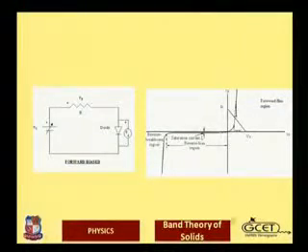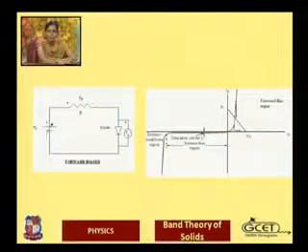Joining those 2 points, one gets the intersection between this linear line and the curve, and the intersecting point between these two is known as the quiescent point Q of the diode. At that point the diode gives the maximum power.